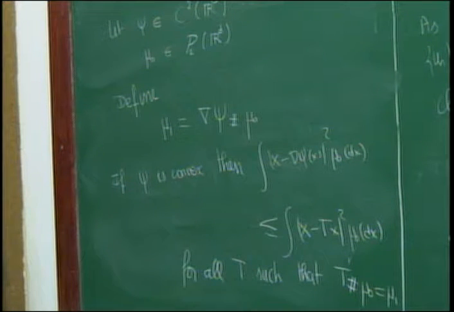So I am saying you give me a psi, which is a convex function. And now you pick a mu0 any way you want. But once you pick mu0, I have no choice. I have to define mu1 to be the push forward of mu0 by the gradient of psi. When I make this definition, I have found the optimal map between mu0 and mu1.